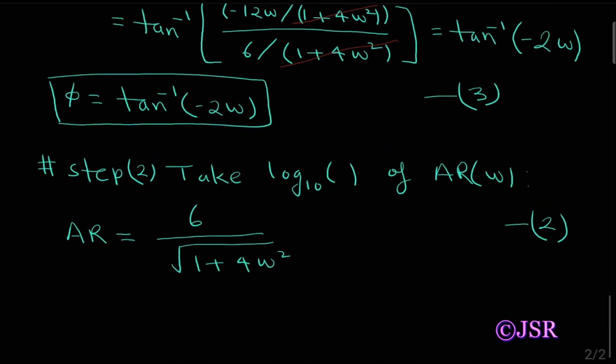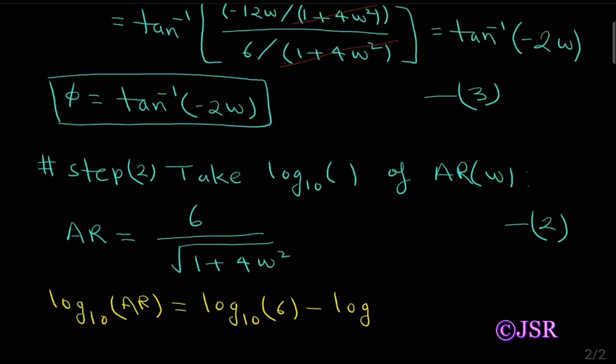So taking the log both side, we will have log 10 of AR equal to log 10 6 minus log of (1 plus 4 omega square) to the power 1 by 2.